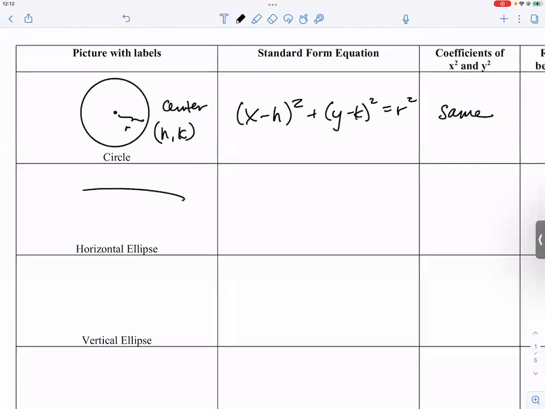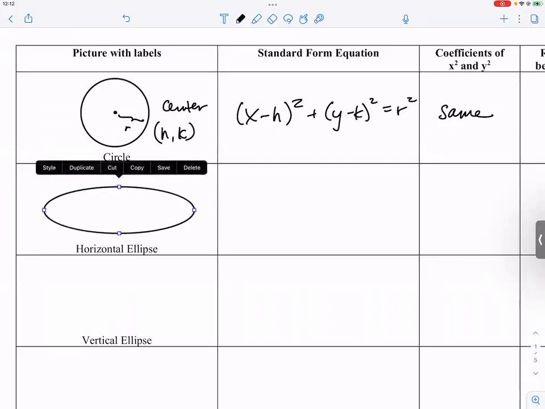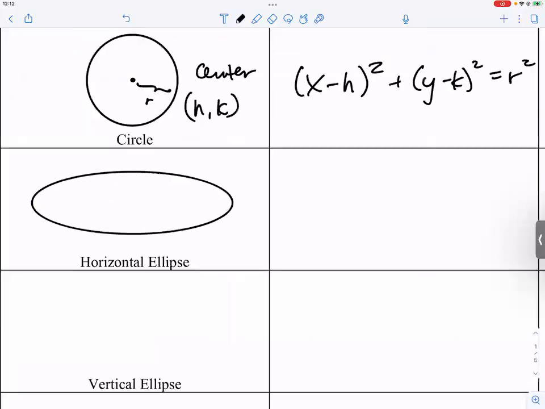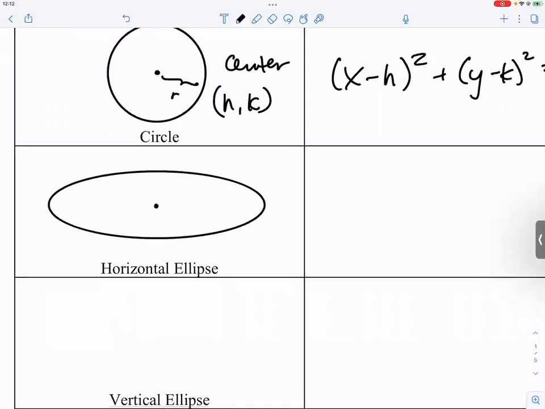And then we have the horizontal ellipse. Okay. With the center h comma k. What's the a value for? On the major axis, right? From the center to the endpoint.